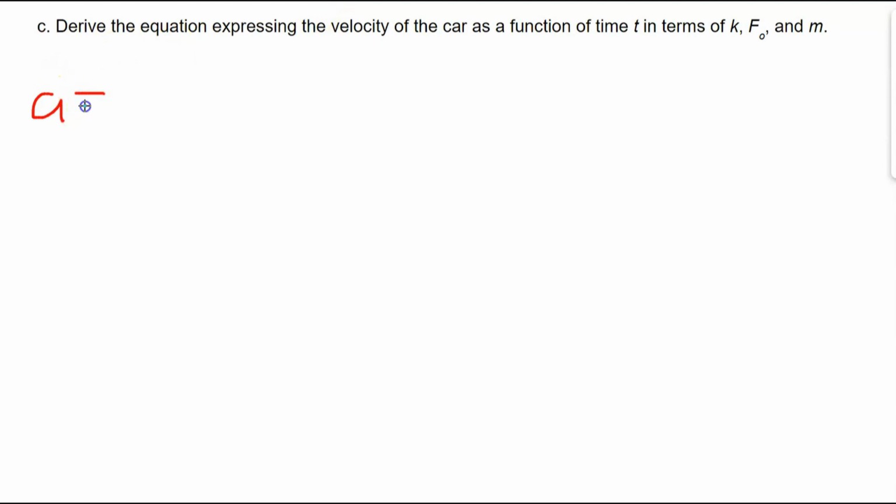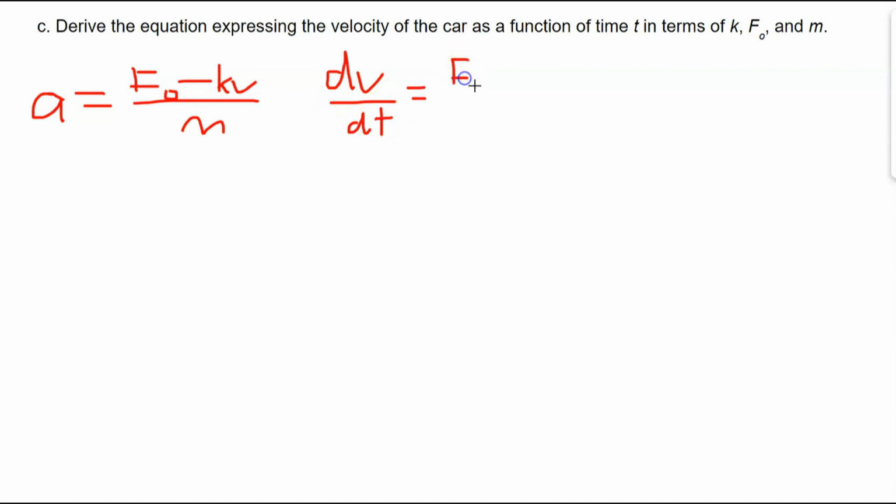So let me just rewrite it first. a equals F sub naught minus kv all over m. But what is acceleration specifically? Well, it's the instantaneous rate of change of velocity. So it's dv over dt equals F sub naught minus kv over m.